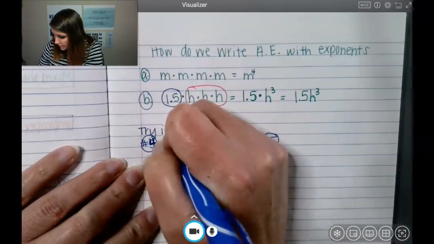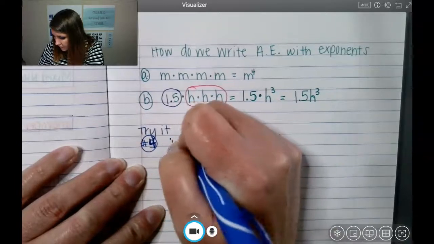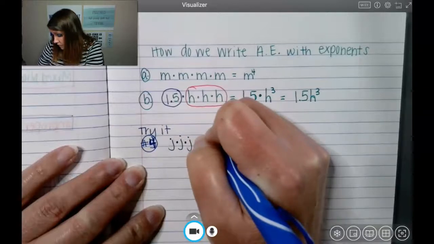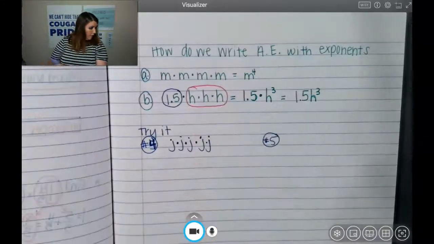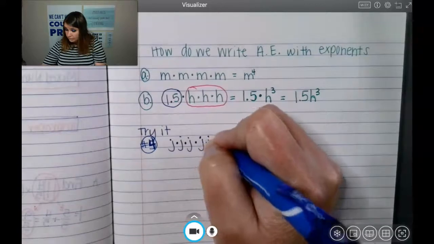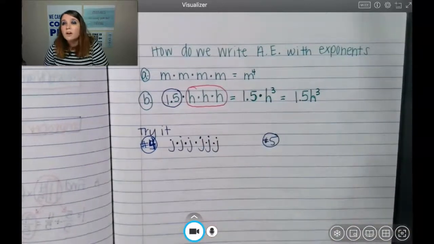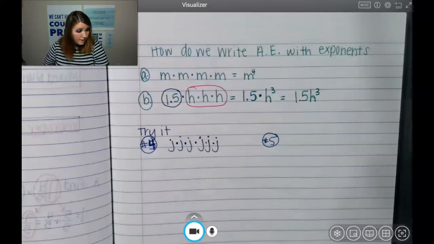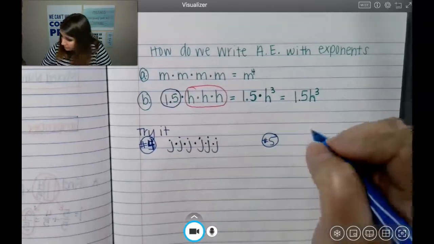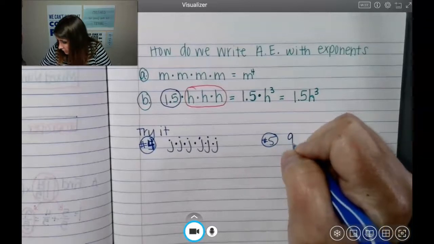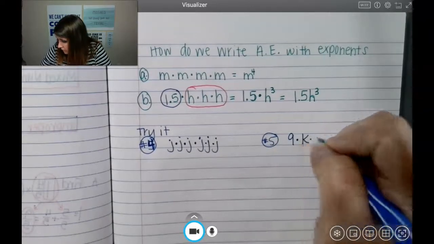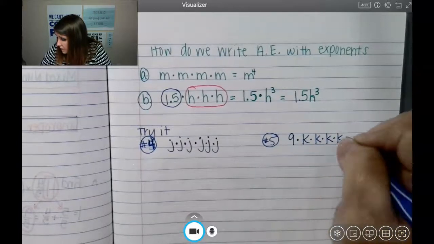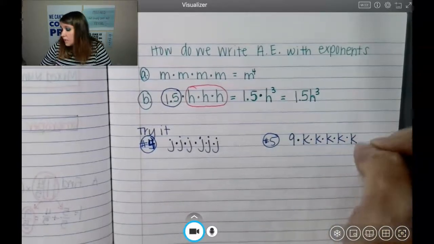Try it number 4 says j times j times j times j times j times j. Your job is to make me an exponent for that one. And then try it number 5 says nine times k times k times k times k.